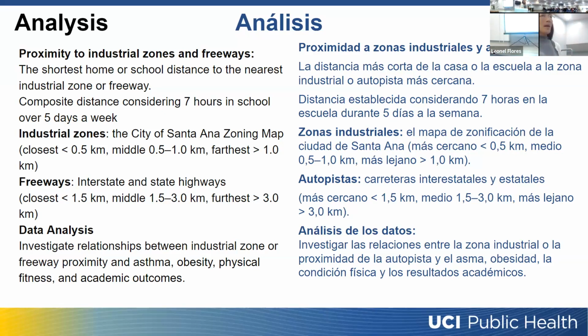So that's how we come up with a measure of distance to the industrial zone and distance to the freeway. And then we use statistical models and adjusted for some potential factors that may affect their exposure, and they also affect their outcome. So we controlled those factors. Next slide.